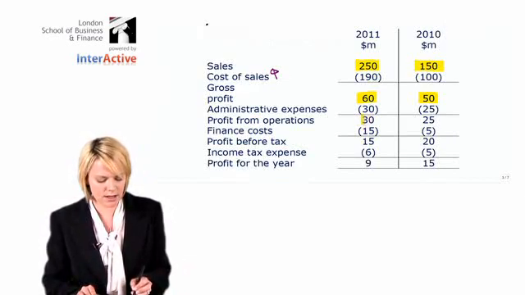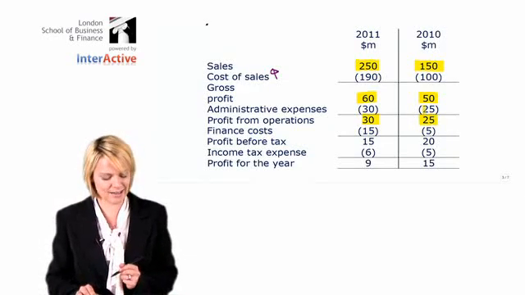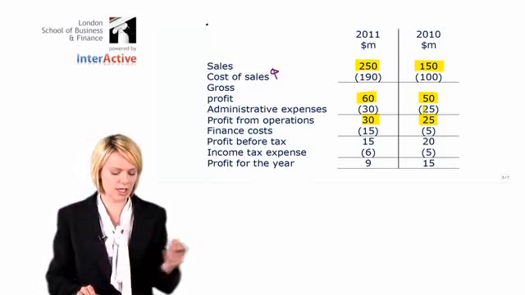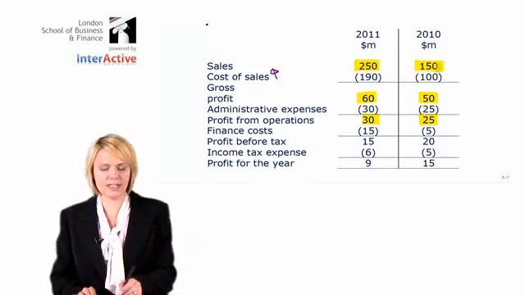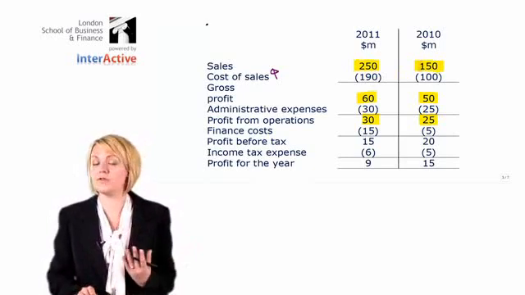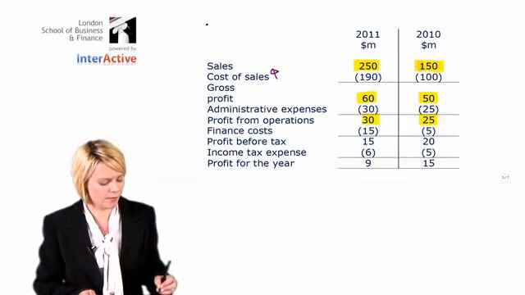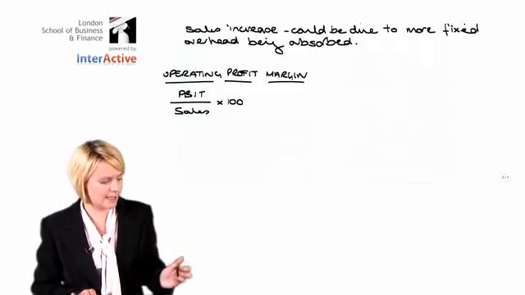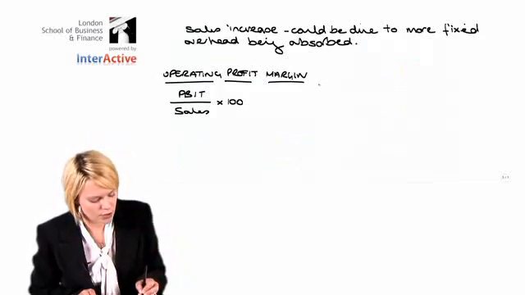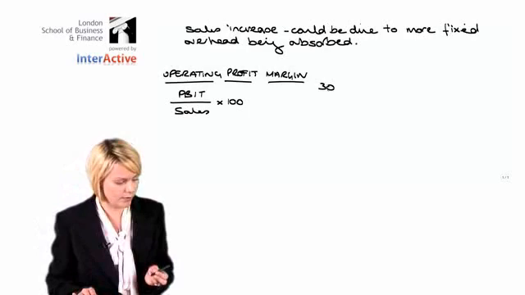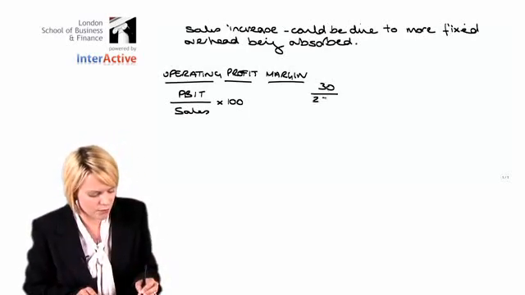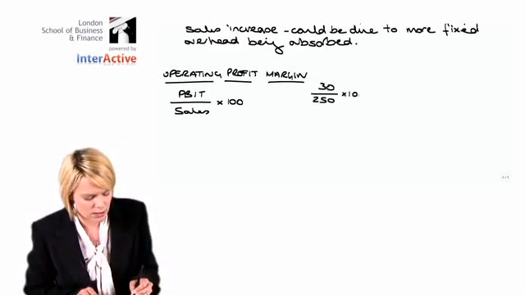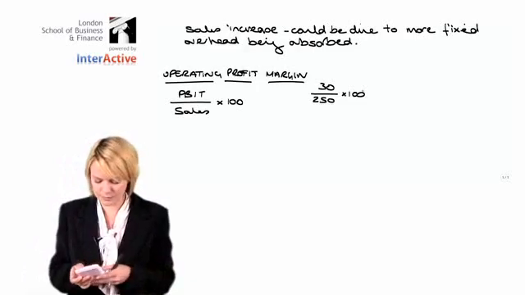Operating profit, 30 for 2011 and 25 for 2010. So the profit has actually increased. And we're going to take that over the sales, which we used for the gross profit margin. So, operating profit then was 30 for 2011 over the revenue of 250, times it by 100.